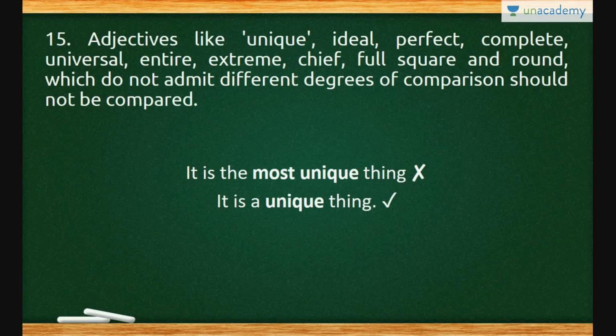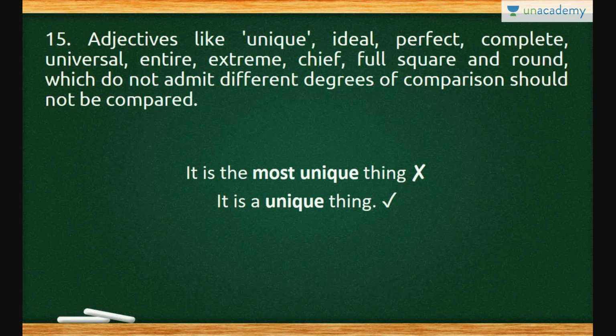Now, the next rule states that adjectives like unique, ideal, perfect, complete, universal, entire, extreme, chief, full, square, and round, which do not admit different degrees of comparison, should not be compared.